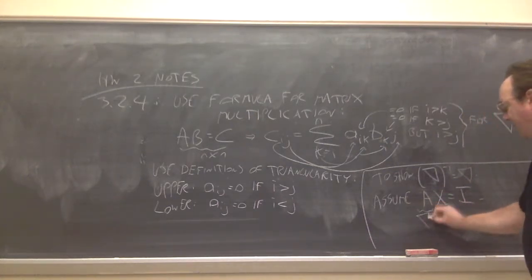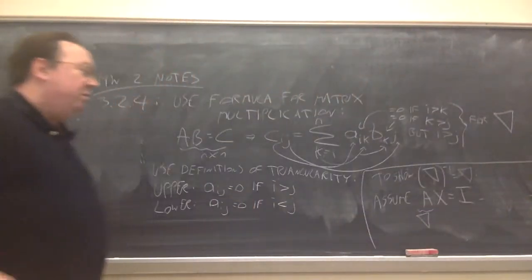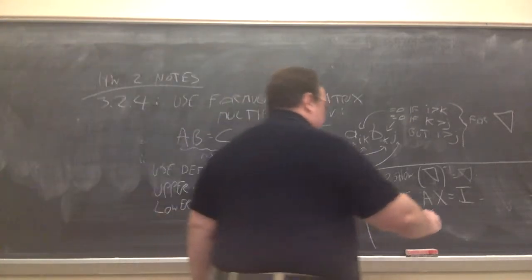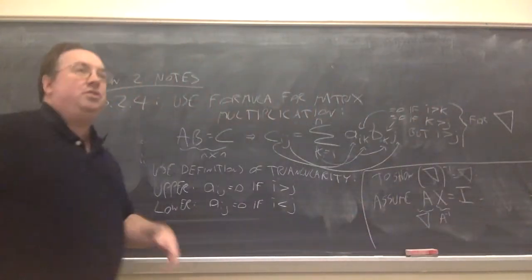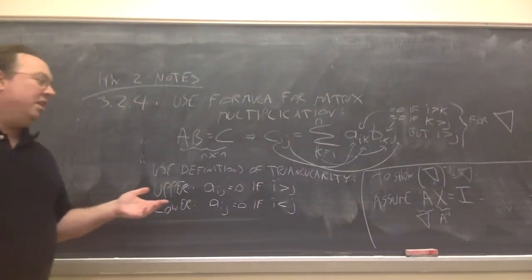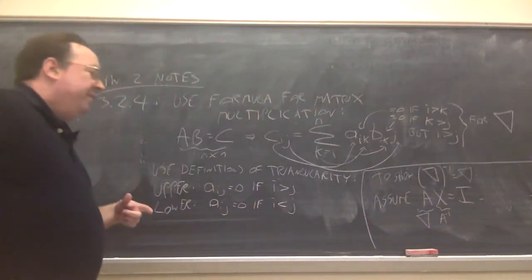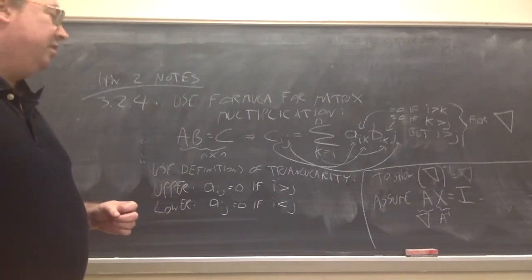So A is known to be upper triangular. And therefore you show that the entries of X, which you don't know yet, so X is A inverse. So you assume that A is upper triangular, show that in order to get a product of identity, then X itself, the inverse, has to be upper triangular also.